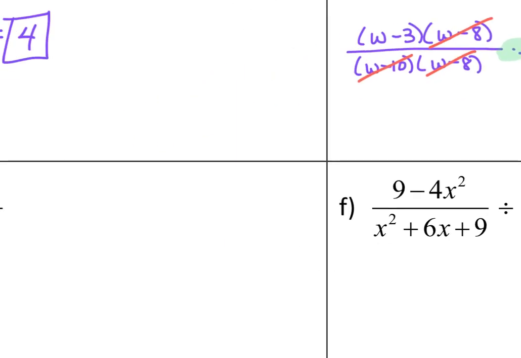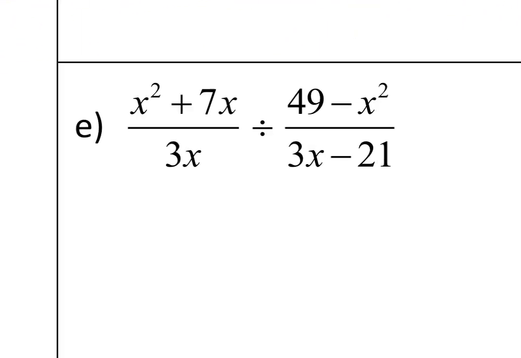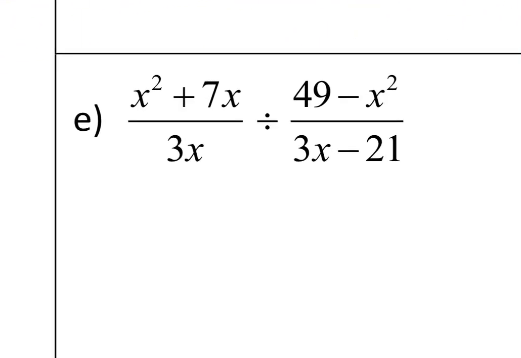Now, for letter E, remember that I said that when you're dividing, you have to flip the second fraction over. You can either do that first, or you can factor everything first, or if you're super good at this, you can flip and factor all in the same step, but you have to do both things before you start canceling anything.